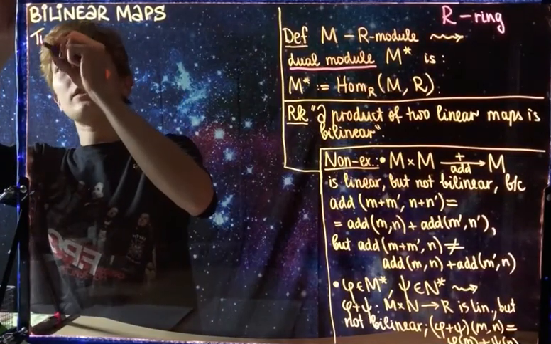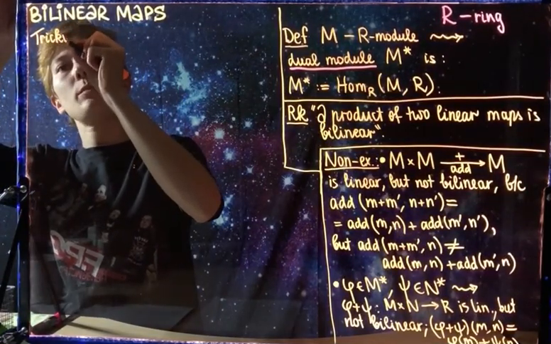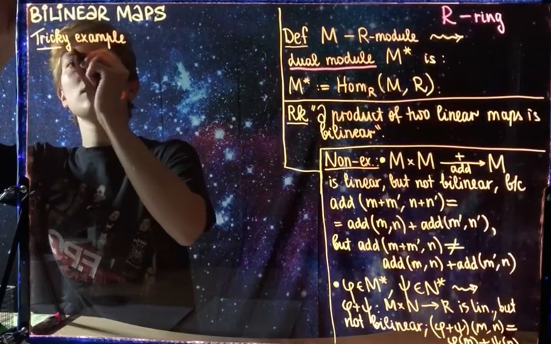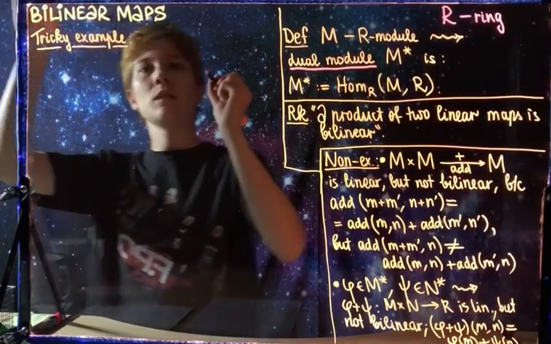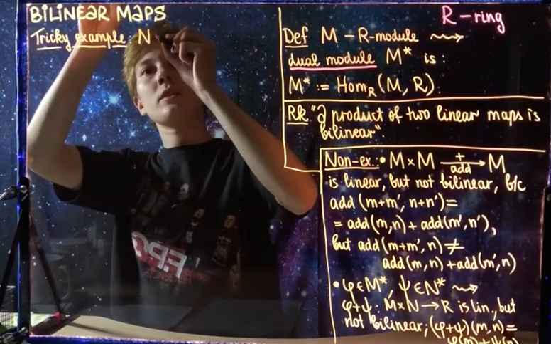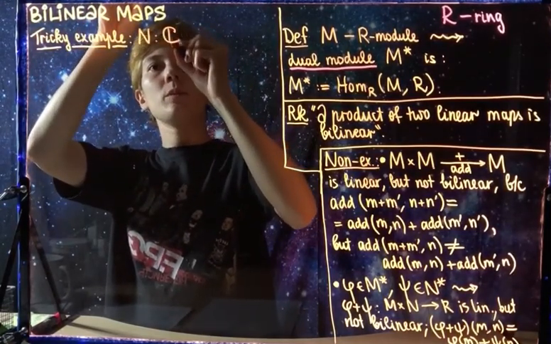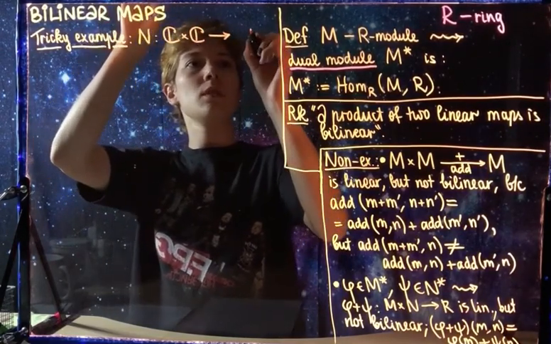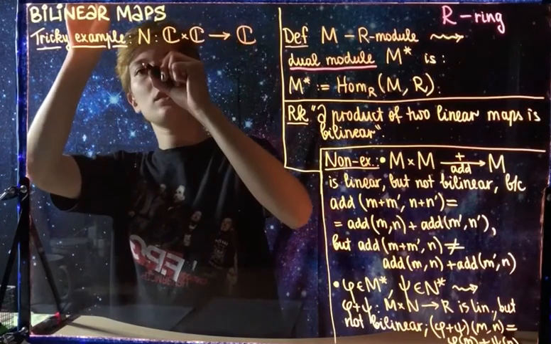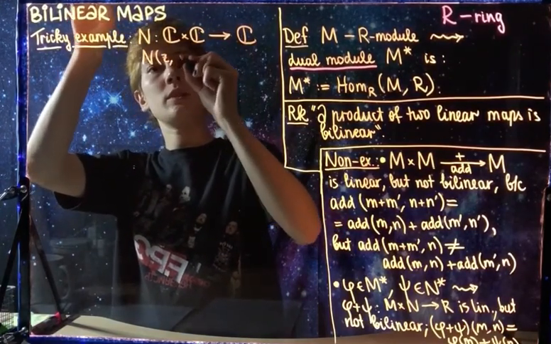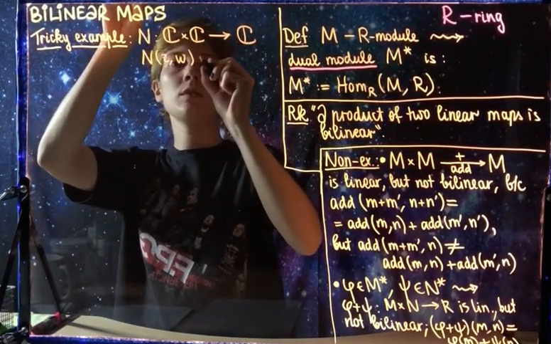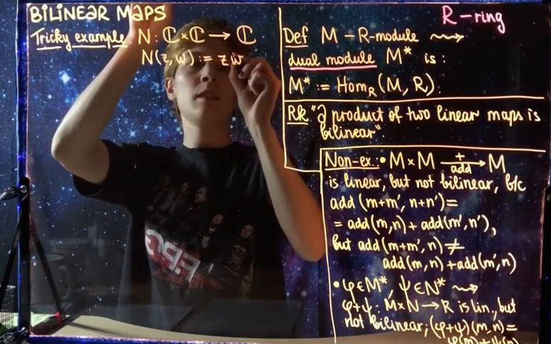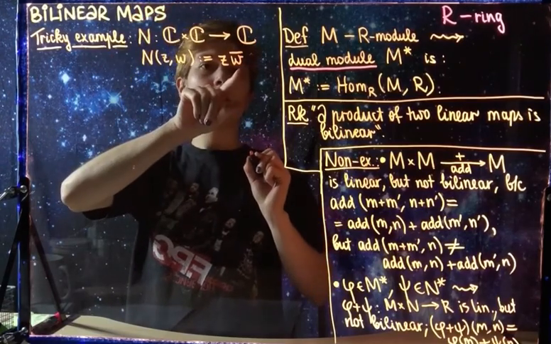And here is an interesting example of a map. Let us consider the complex norm n from C cross C to C, which takes a pair of elements z and w and maps them to z times w conjugate.